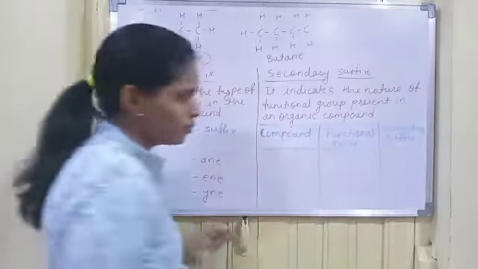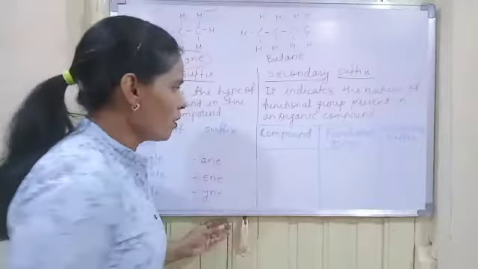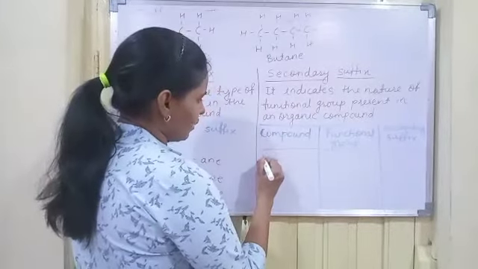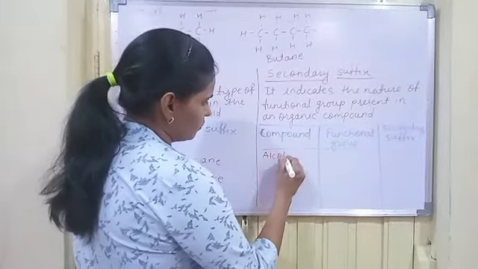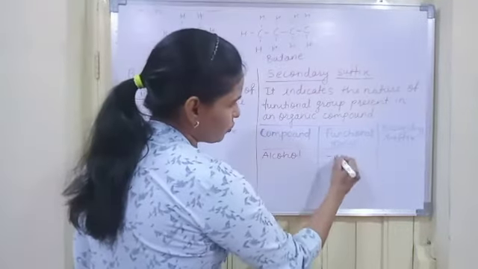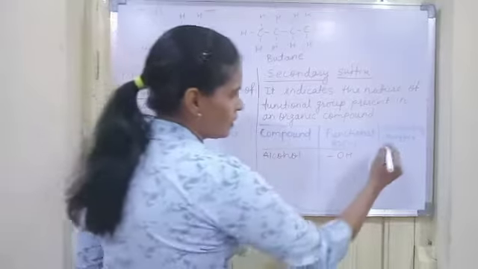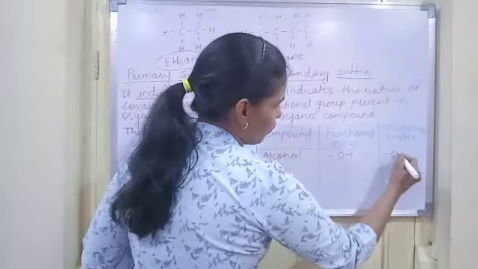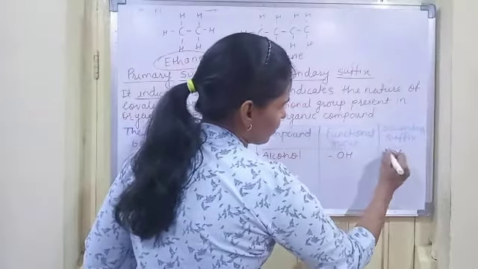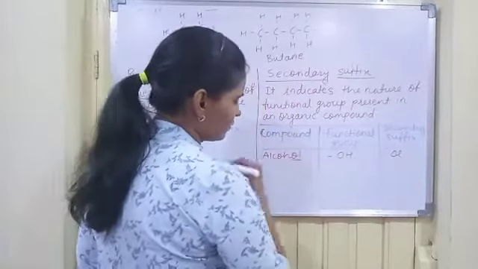Compound, functional group, secondary suffix. If compound is alcohol, obviously the functional group is OH, that you already studied. Then secondary suffix will be OL.